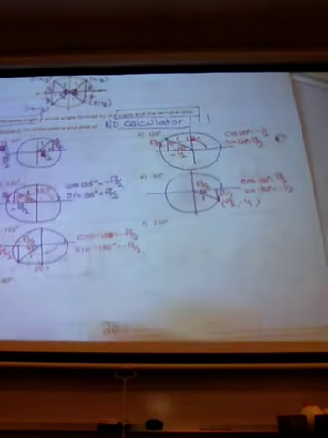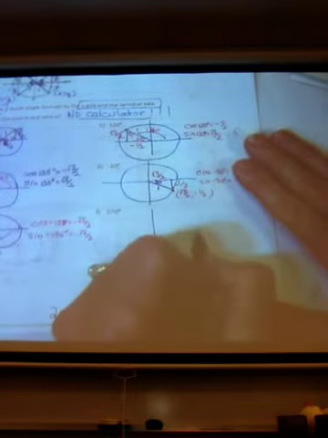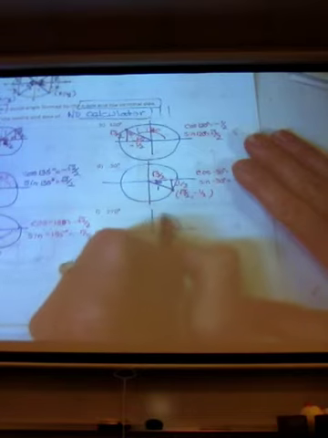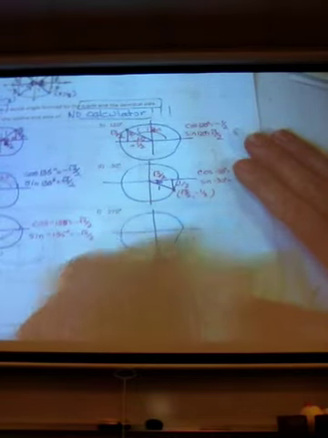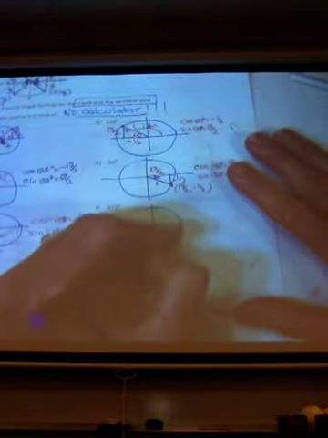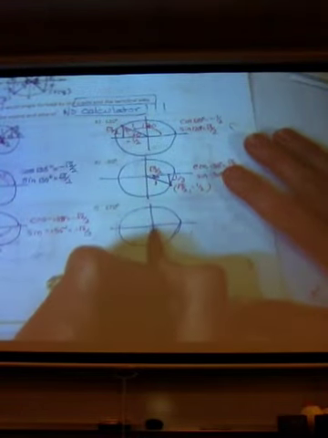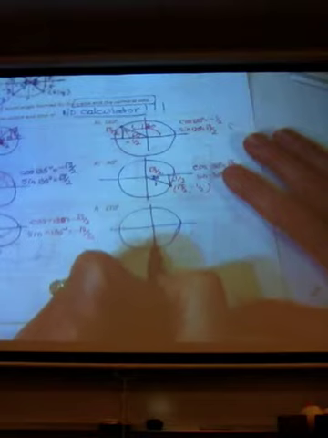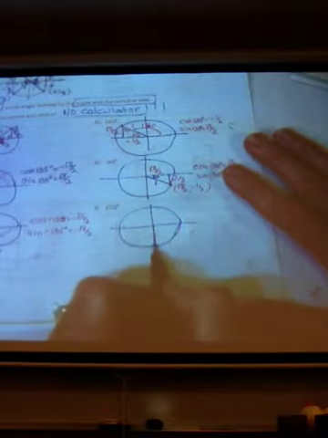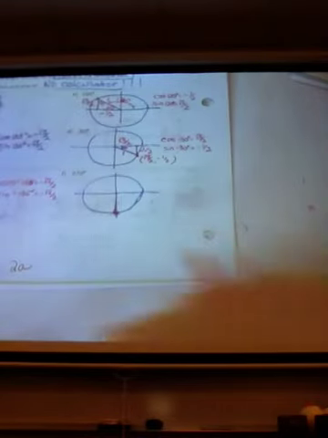Now, this is funny, isn't it? What happens at 270? Does your terminal side land in a quadrant? No, it lands right here. What would be the ordered pair down here?